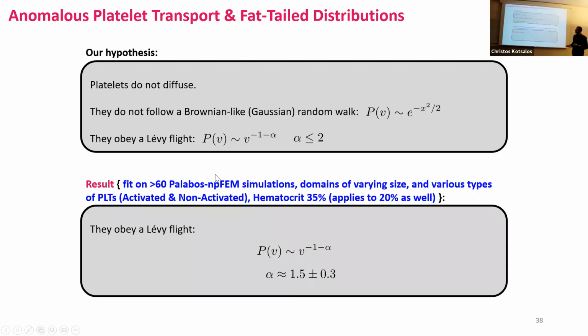So we ran more than 60 Palabos and BFEM simulations, with domains of different sizes, various types of platelets, like activated and inactivated platelets, and 2 different hematocrits, 35% and 20%. And what we found out is that the particles obey a Levy flight with an alpha of about 1.5 plus or minus, depending on the case. So indeed, our hypothesis seemed to be correct.